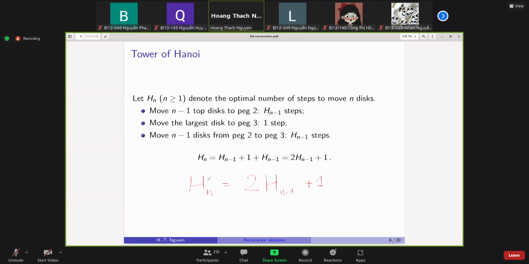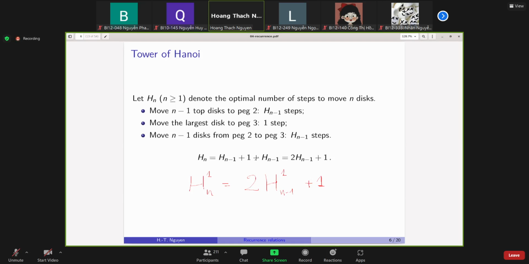So there are no quadratic terms, or cubic or larger order terms here. This term Hn minus 1 is linear because the exponent is 1. This one is also linear, and this is a free coefficient. So this relation is also called a linear recurrence relation.